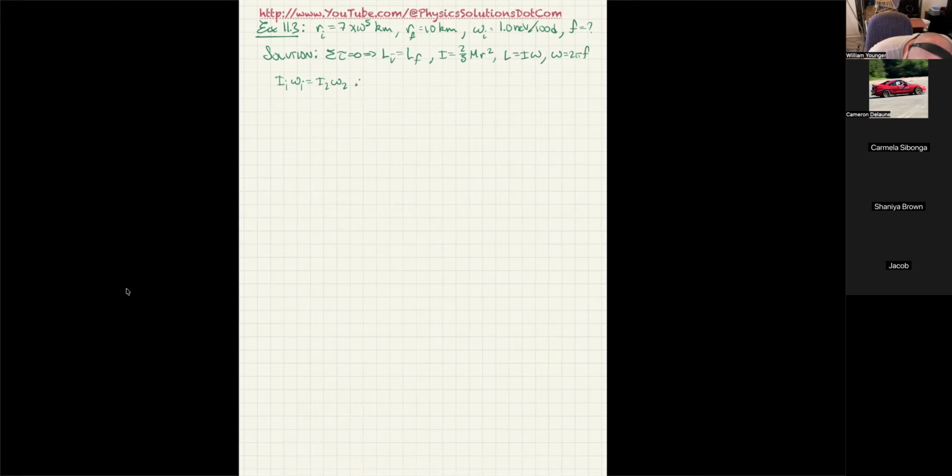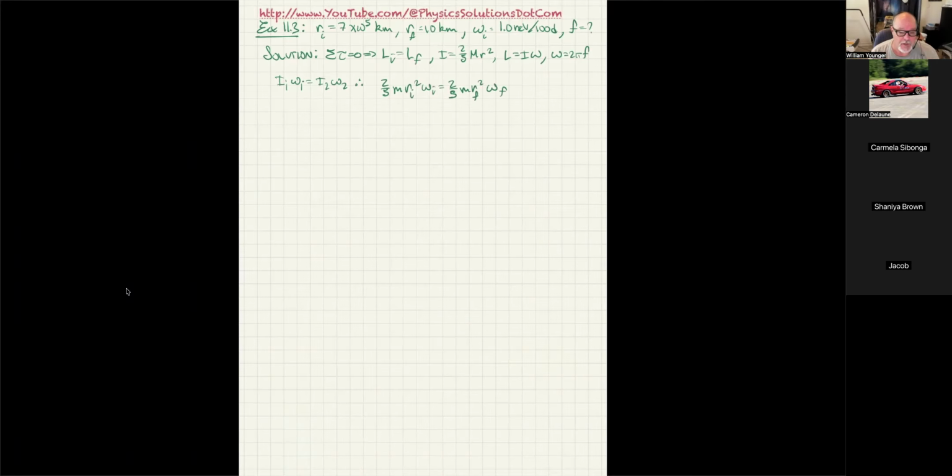So I can put this down as 2/5, whatever the mass is, and that's not going to change. So 2/5 m times r initial squared times omega initial is equal to 2/5 m r final squared times omega final.